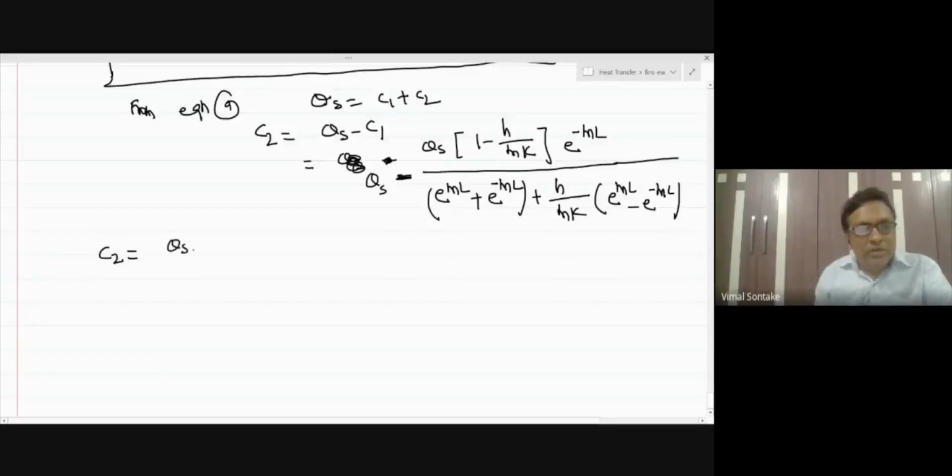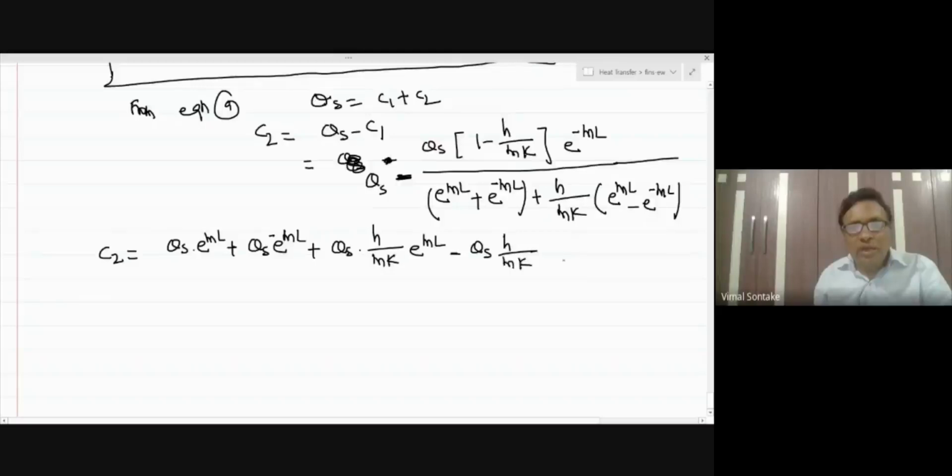Theta s into e to the power ml plus theta s into e to the power minus ml plus theta s into h over mk e to the power ml minus theta s into h over mk e to the power minus ml. Then minus theta s e to the power minus ml, and this minus minus will become plus theta s.